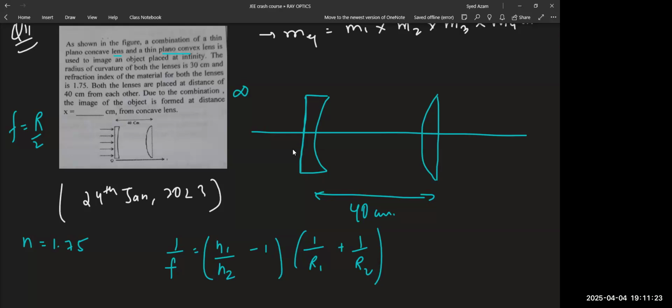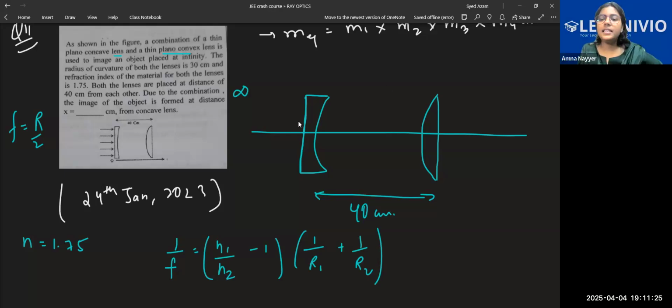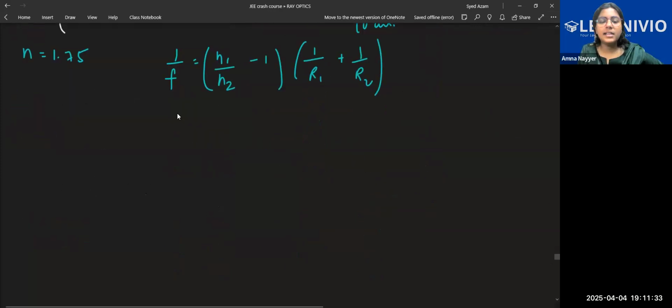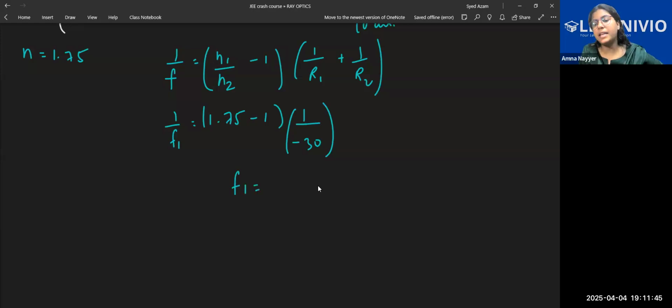Infinity. Infinity, right? See, this will be infinity, and this is R1, which is given 30, which will be negative. So we'll simply have minus 1 by 30 left, right? So 1 by f1 will be 1.75 minus 1 divided by 1, times 1 by minus 30. So f1 will become minus 40 centimeter.